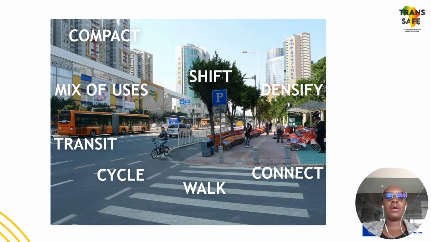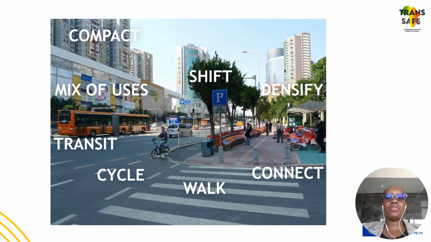So when it comes to transit oriented development, we have 8 principles, where the correct form of urban development supports and prioritizes sustainable, equitable and inclusive transportation. So that means that we have compact, we have mixed use.